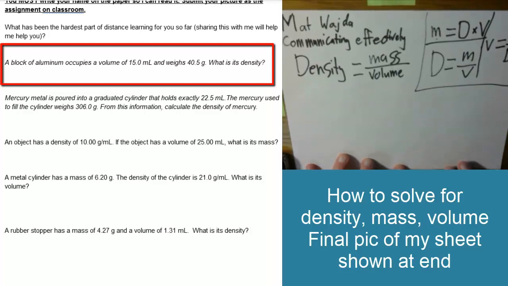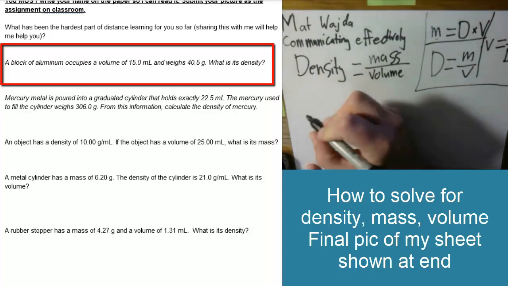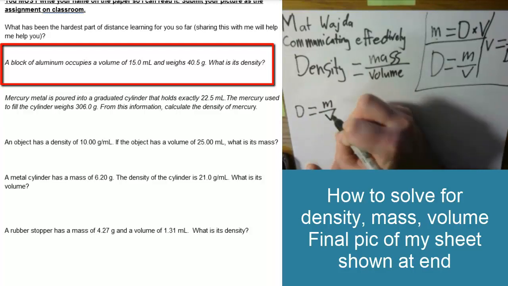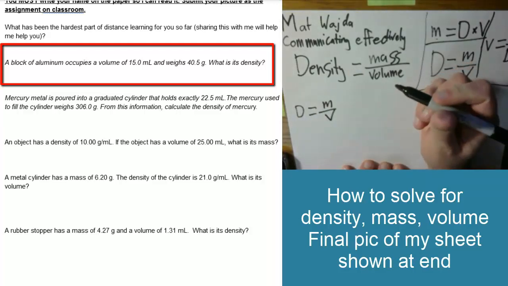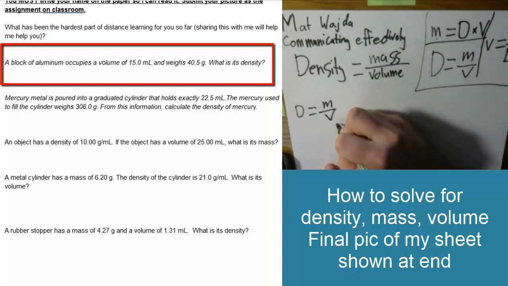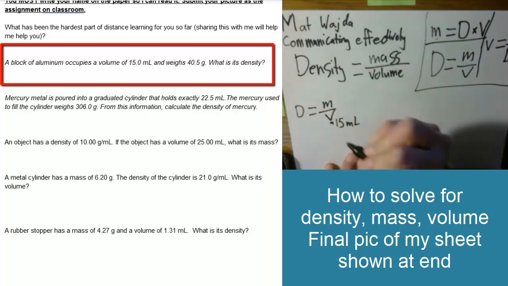So that means we need to start with density equals. We're going to use this version right here, D equals M over V. We have 15 milliliters for volume, so that means our 15 milliliters is going to go there.